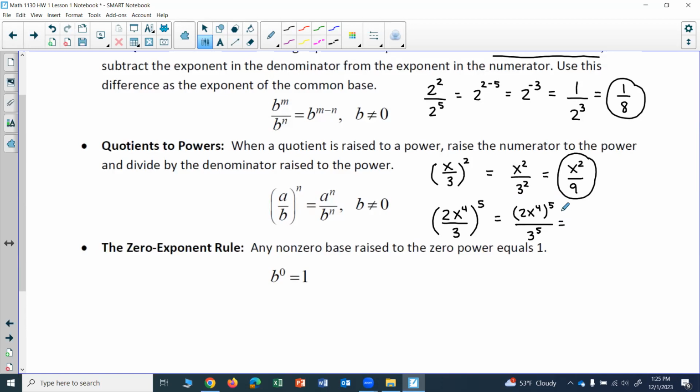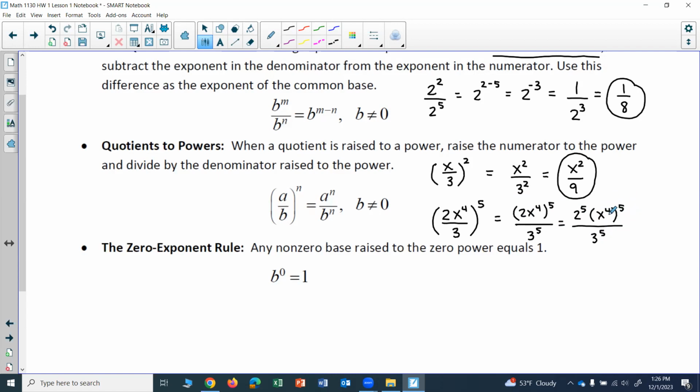So the top, that 5 would apply to both the base of 2 and the base of x to the 4th. So this would become 2 to the 5th times x to the 4th to the 5th, all over 3 to the 5th.